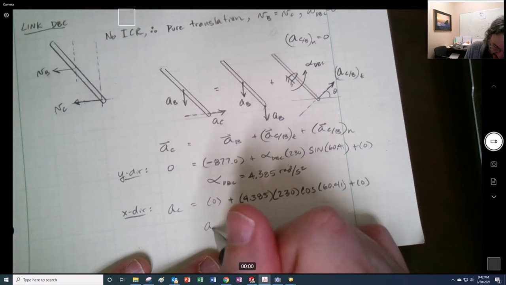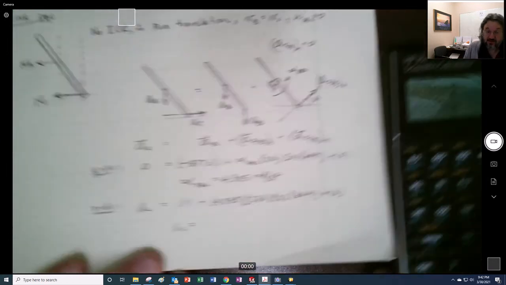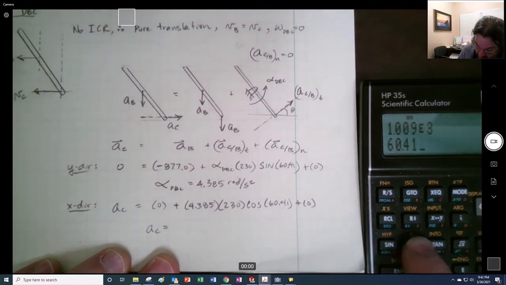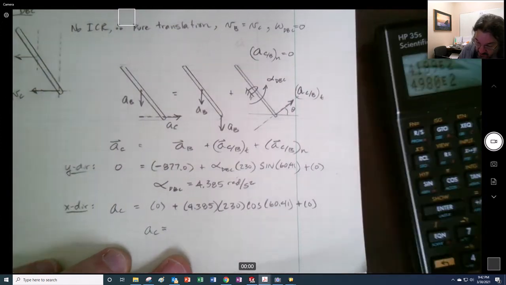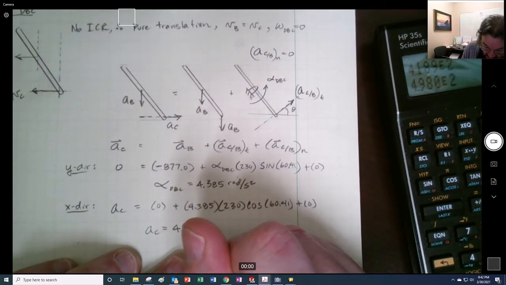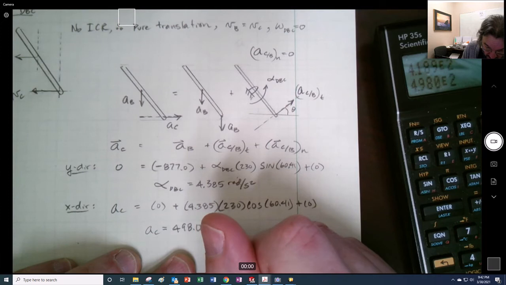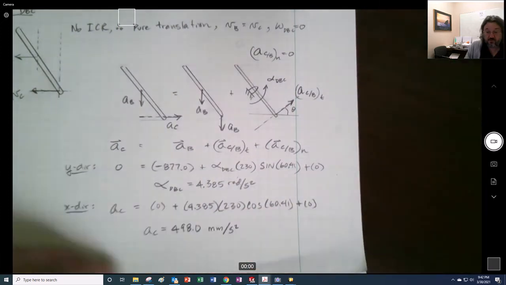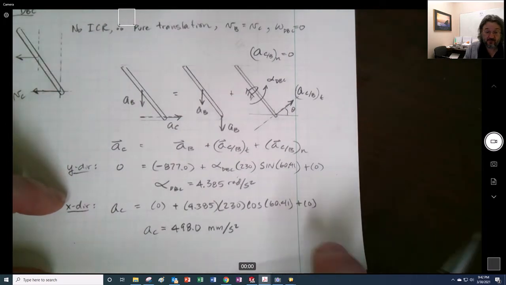And so the acceleration of C is going to be 230 times that, and then 60.41 cosine times, so we get 498.0 millimeters per second squared. Right? Right, so that's the first thing that we wanted to do.